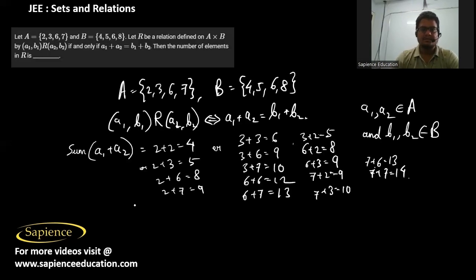So the sum of a1 and a2 can be 4, 5, 6, 8, 9, 10, 12, 13 and 14.